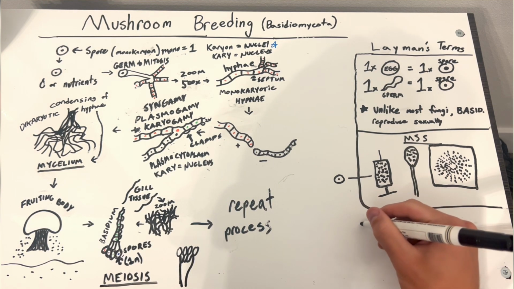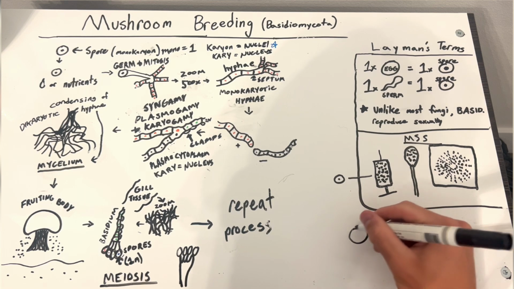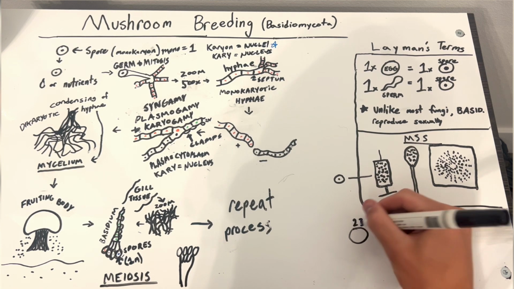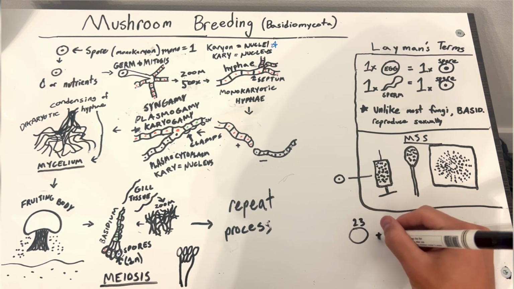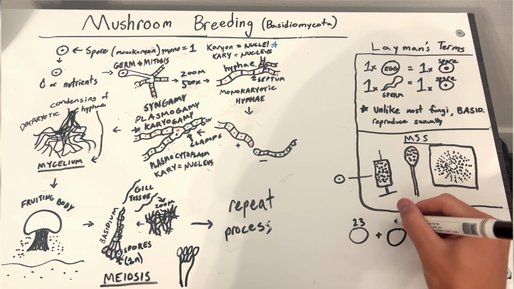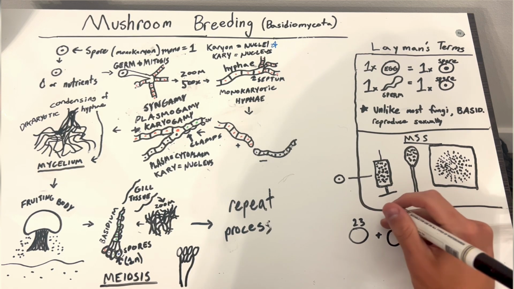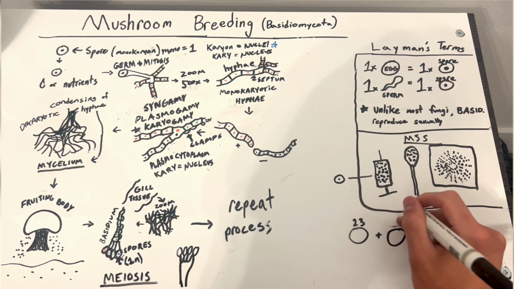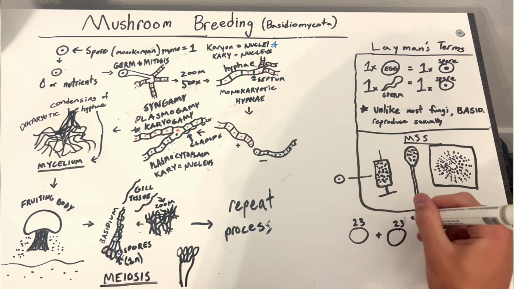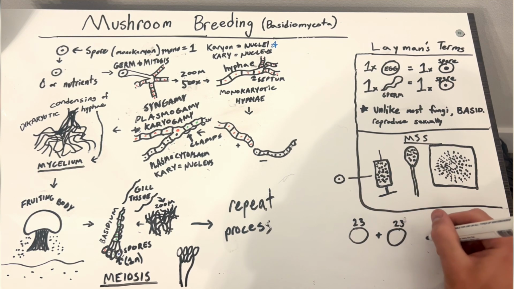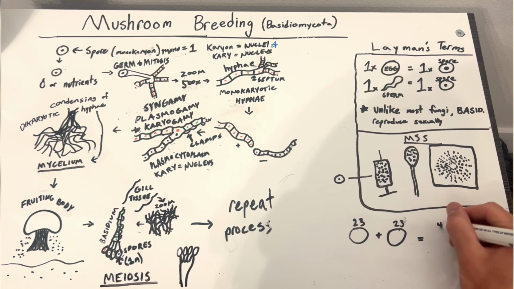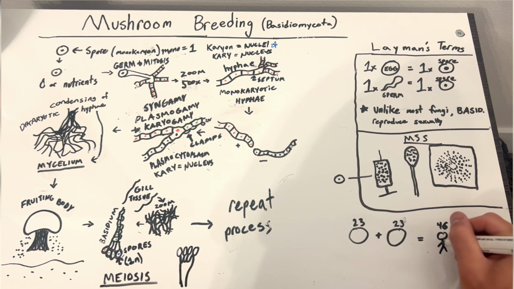So let's say you have an egg which contains 23 chromosomes, and you try to combine it with a genetically exact same egg with also 23 chromosomes. It will not have enough new combinations to make the 46 chromosomes needed for a person.